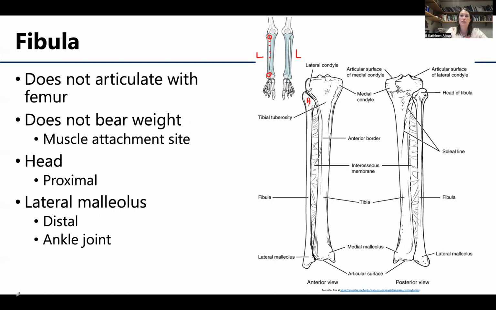It will articulate with the tibia to form that proximal tibiofibular joint. And then one of the other most notable structures of the fibula will be the lateral malleolus. You can feel this on the lateral side of your ankle joint. It's that bump there. And so you'll have the lateral and the medial malleolus, and then you'll have the talus bone right here.